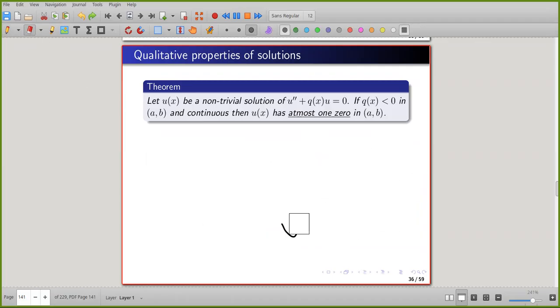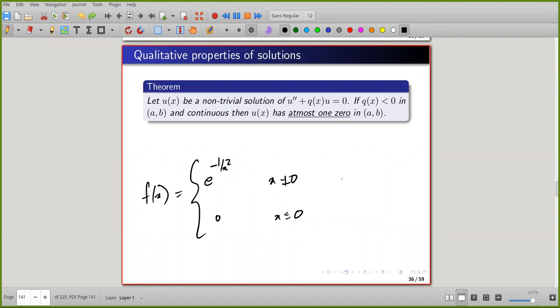If we look at the function e to the power minus 1 by x squared, that bad function which we had constructed earlier, for x not equal to 0 and 0 at x equal to 0, and if we look at f of x times sine 1 upon x.